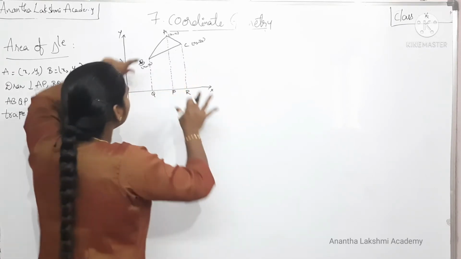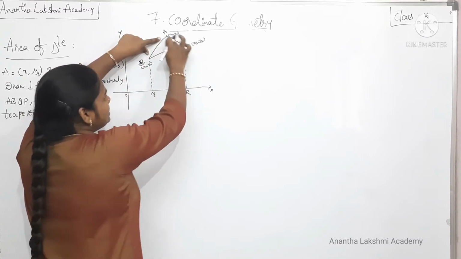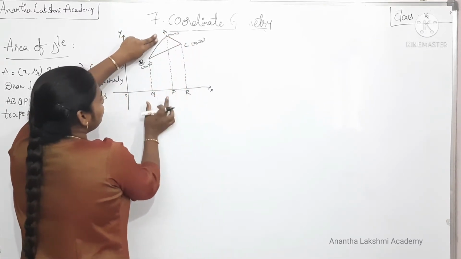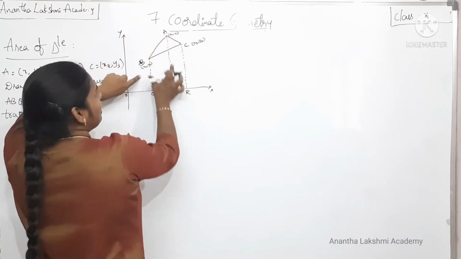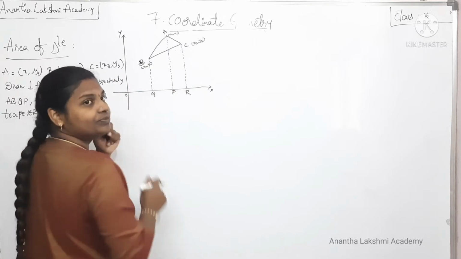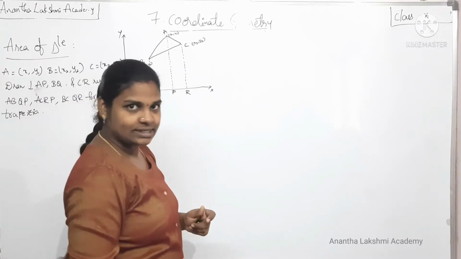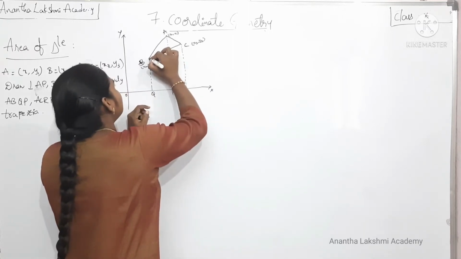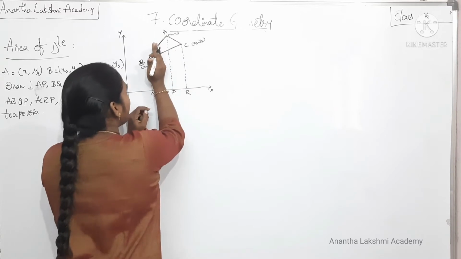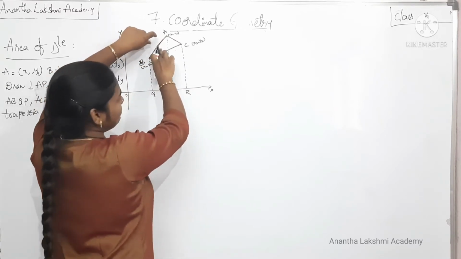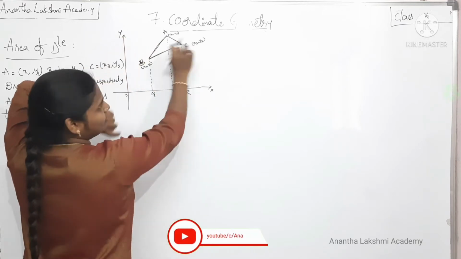Now look at this. If I want to figure out the triangle area ABC, what if I do this trapezium's area plus this trapezium area minus the downward, the third trapezium area. That's what gives us the area of the triangle, isn't it? Look at this carefully. I just want to know the area of this part, wherein I can solve this trapezium's area, and subtract this part from that.